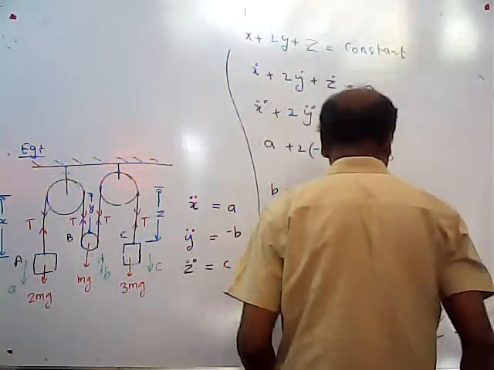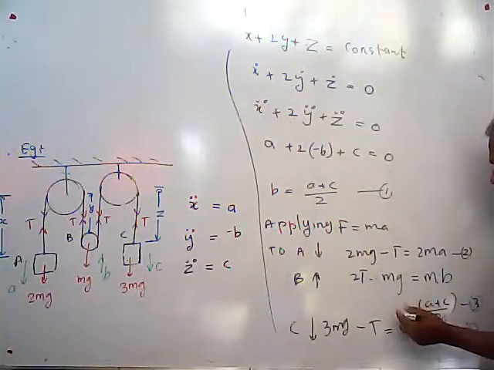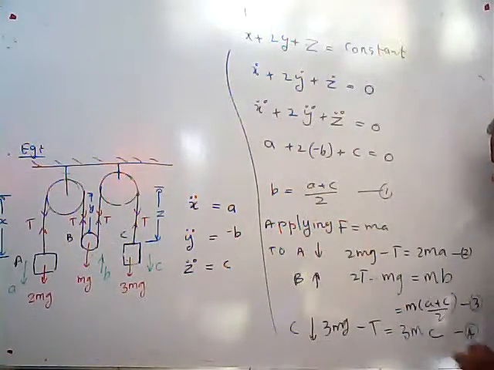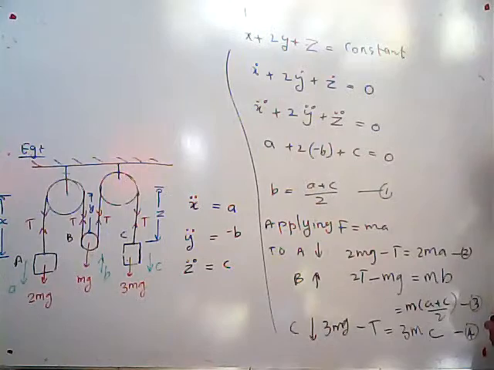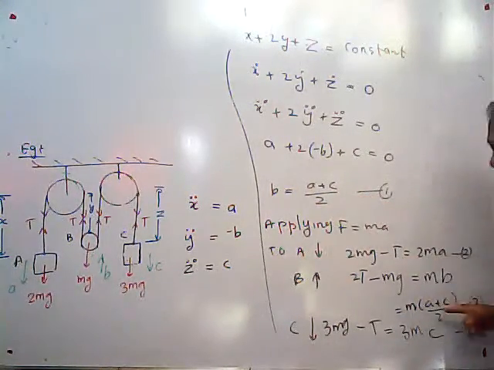Yes, m is missing, it has to be there. I replace b by a plus c over 2, right?